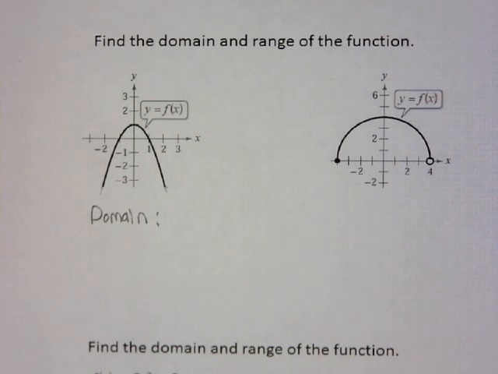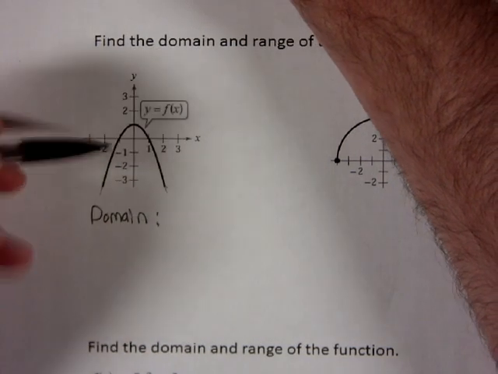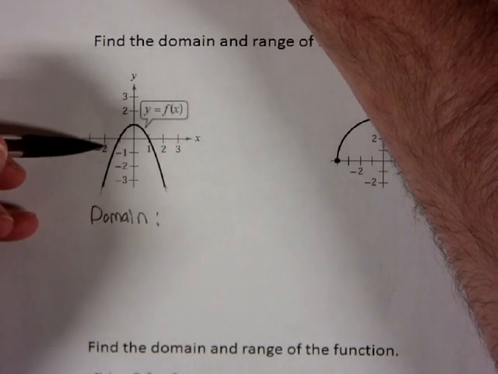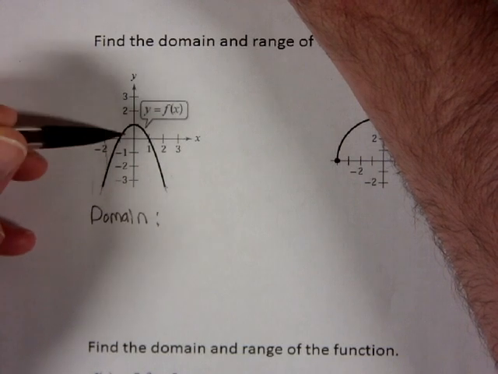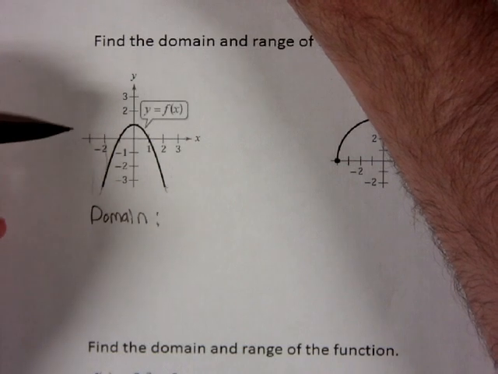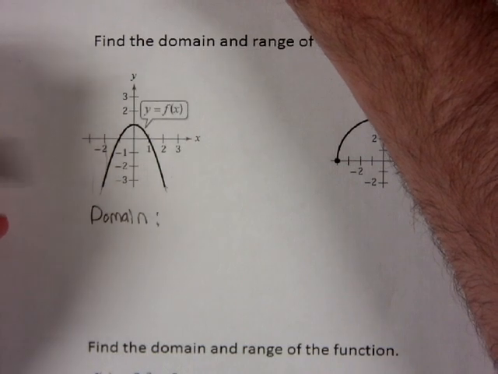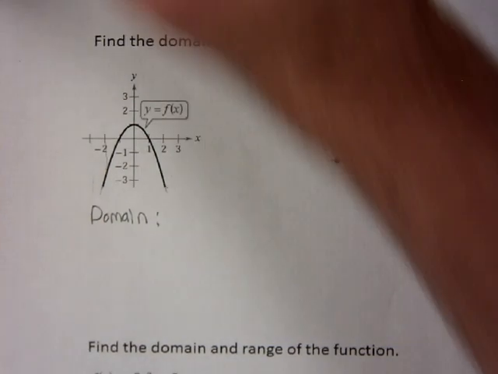In other words, let's start with a lower bound. Does the graph have a lower bound of x values? Here's -2, -3. Is that where it stops? Well, that's where the drawing stops, but remember the graph itself keeps going. So is -4 the lowest value, -5, -6? The answer is no, it just continues on forever.